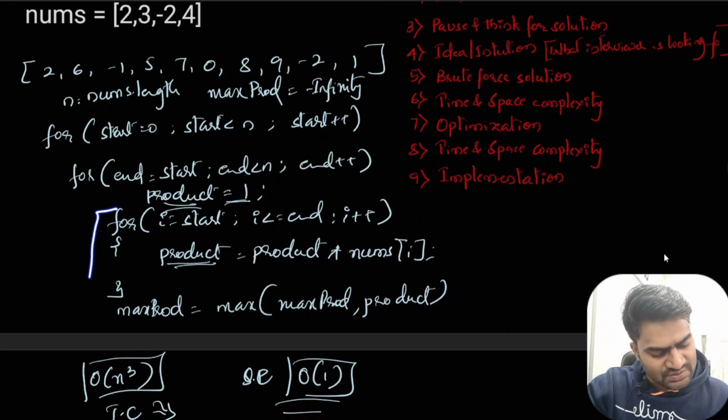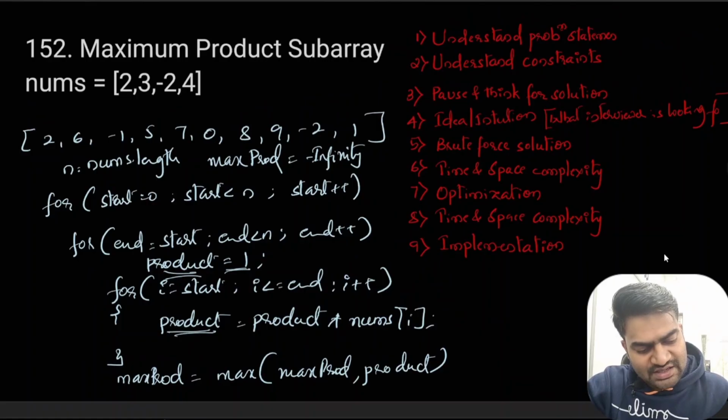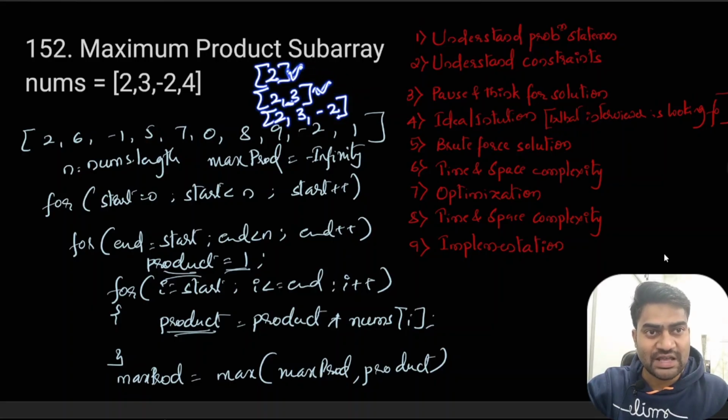But do you see, is it really required? Initially we will take subarray 2, then subarray 2, 3, then subarray 2, 3, -2. In the first iteration you find the product of this subarray, then in the second iteration you again end up multiplying all the values by iterating over each element.